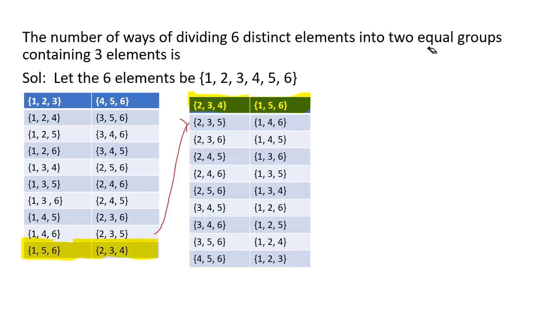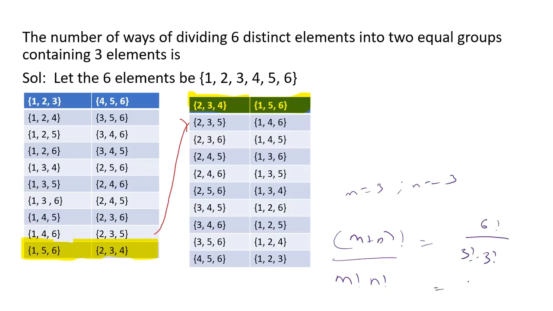Then the number of ways of dividing these 6 elements into 2 groups, each containing 3 elements: if you use the previous formula, (m plus n) factorial upon m factorial times n factorial, here m is equal to 3 and n is equal to 3. Then what you will have is 6 factorial upon 3 factorial times 3 factorial, which is going to be 6 into 5 into 4 upon 3 factorial, which is going to be 20.